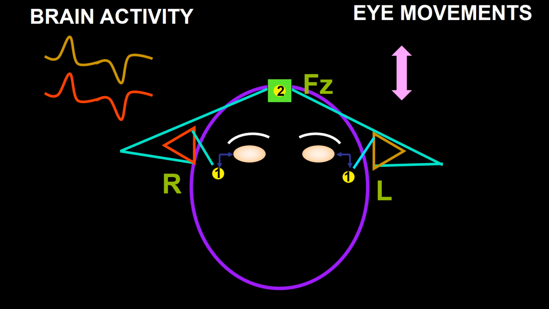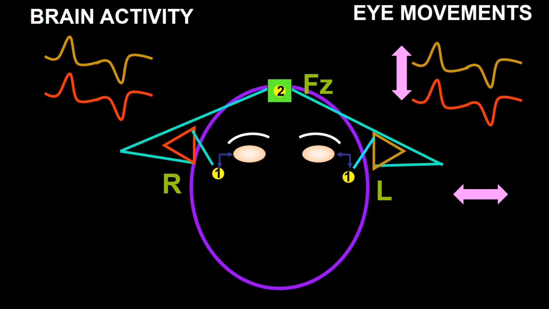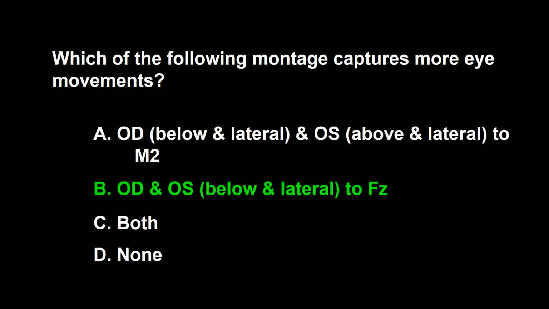Eye movements in the up and down direction will also be captured as in-phase activity, but side to side activity will produce out-of-phase activity, as you can see depicted in this frame. With this montage, more eye movements will be captured than with the previously described montage. So the answer to this question is B.